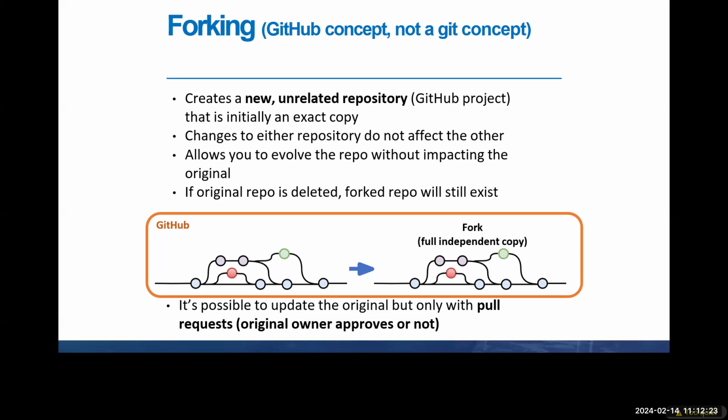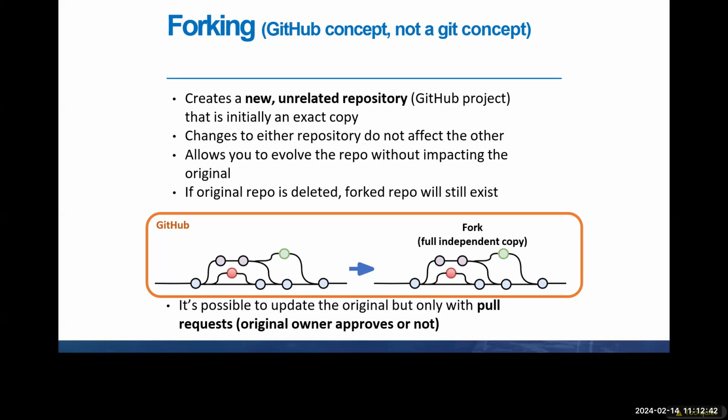Then changes to either repository do not affect the other, and it allows you to work on the repository without impacting the original. If the original repository is deleted, the forked repository will still exist.